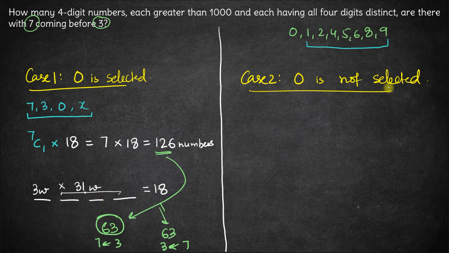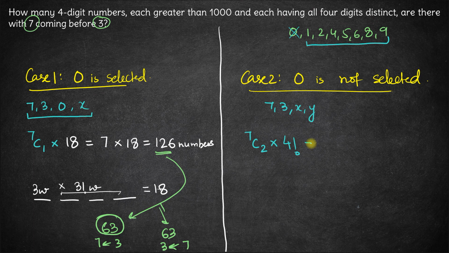Now here when 0 is not selected, we already have 7 and 3, and we have to select 2 more digits, let's say x and y, out of these 7 digits. 0 cannot be selected now, right? Selecting 2 digits out of 7 can be done in 7C2 ways. Now I have 4 digits and I have to make 4-digit numbers, which can be done in 4 factorial ways.